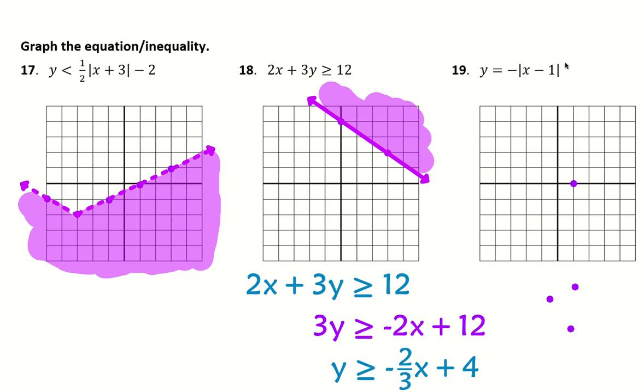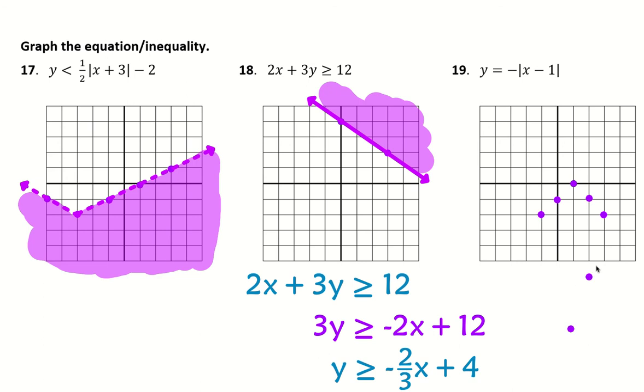And because there's nothing here, there is no shifting up or down. And then the -1 out here is going to basically be your slope or slopes. Negative, of course, meaning our V is going to be upside down. So -1 over 1, that's down 1 over 1 in both directions.